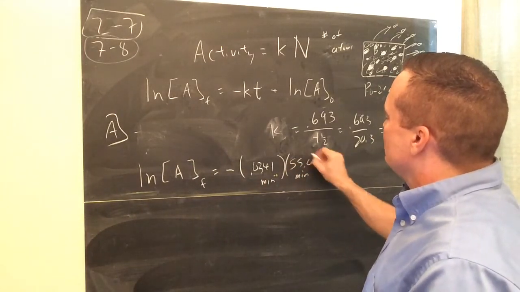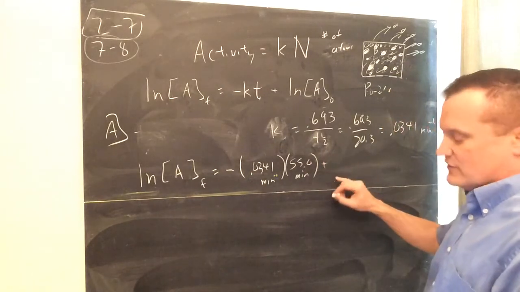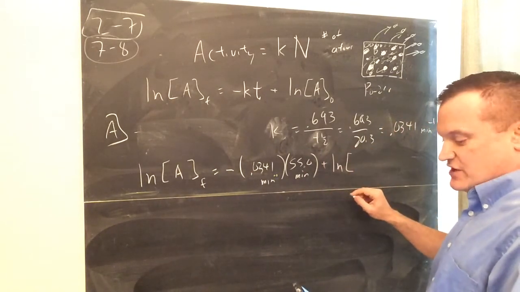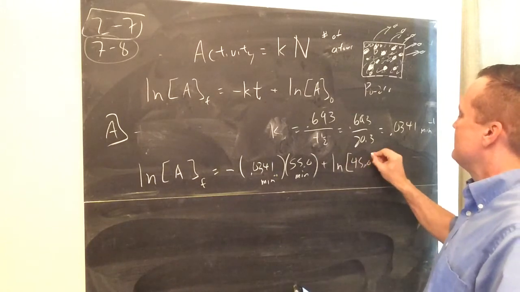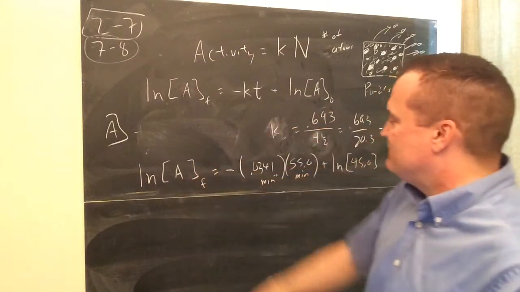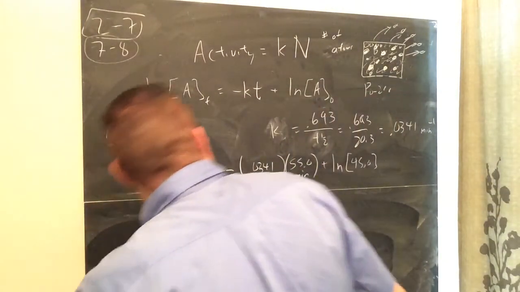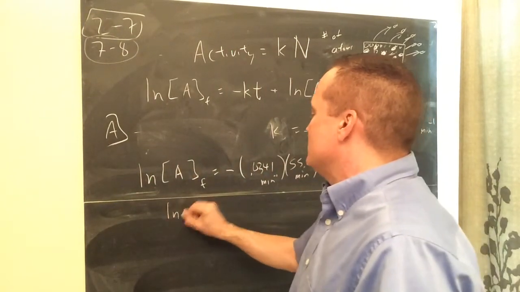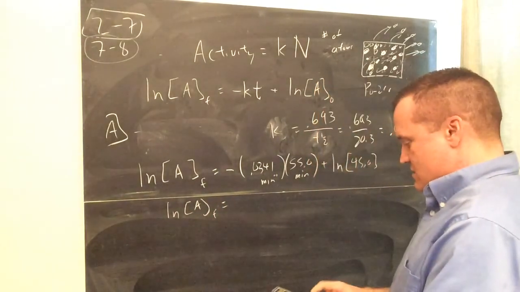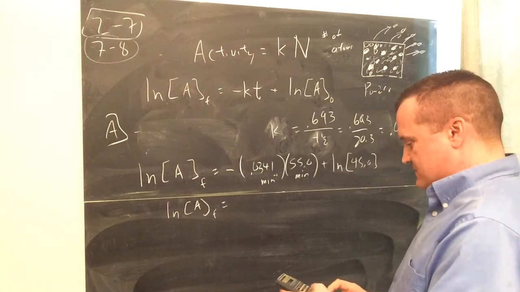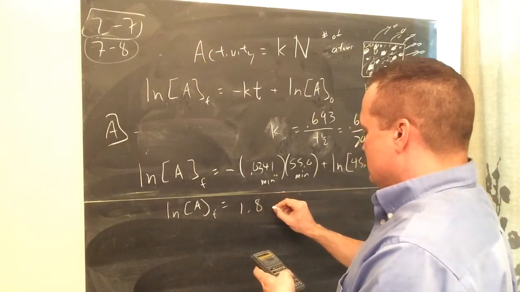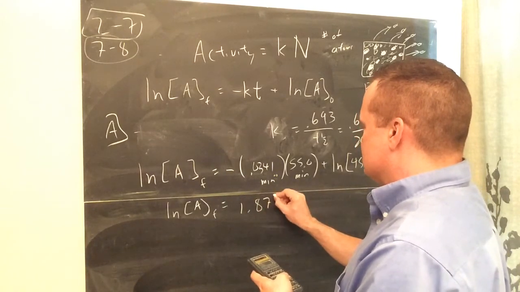So you see, this is not really too much different than what you saw in earlier problems. Natural log of, now the original number was 45.0. Just make sure you know, initially you had 45.0. How much do you have finally? Now there'll be a little bit more interesting math here. The natural log of A final is equal to 0.0341 times 55, which is negative 1.876.